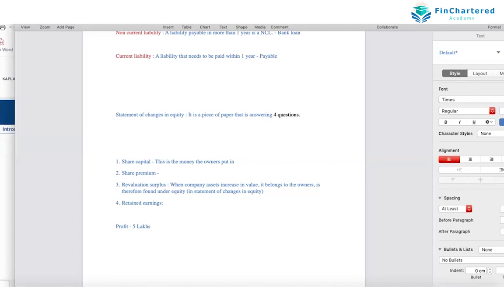Owner, correct? Maybe from this 5 lakhs profit, yes, I agree, it has to go to the owner. So say from 5 lakhs, 3 lakhs I have given to the owner. You people are the owner, so I have given 3 lakhs to you. So how much have I retained with me? 2 lakh. Retained means kept with me.